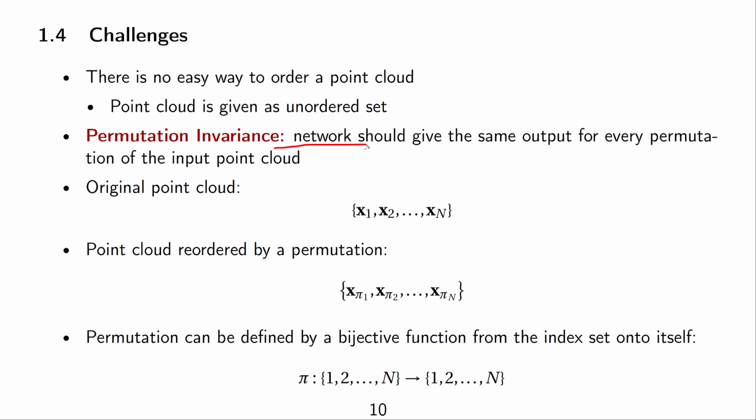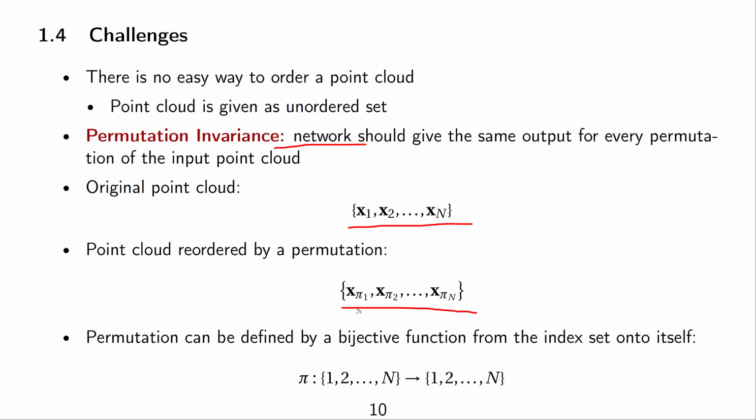Let's say a few things about permutations. Let's say that we have an original point cloud which is given as a list of points x1 to xn. Then a point cloud reordered by a permutation would look like this, where the first point is now maybe a different index that is determined by the permutation.